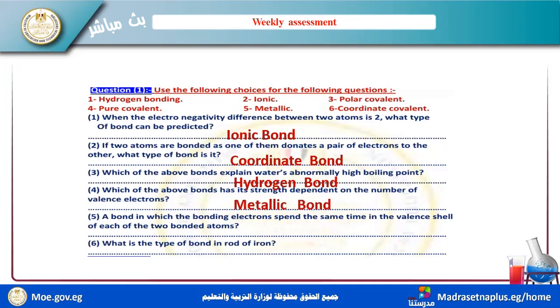The metallic bond. Which bond has bonding electrons spending the same time in the valence shell of each of the two atoms? It is the pure covalent bond. What is the type of bond in the metal? It is a metallic bond.